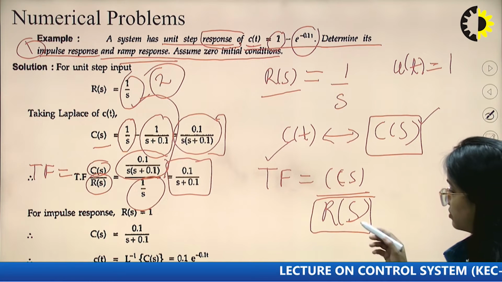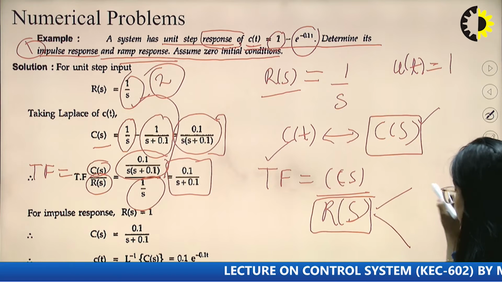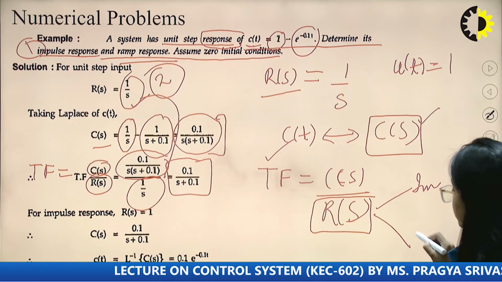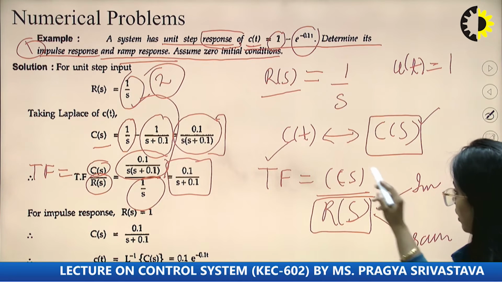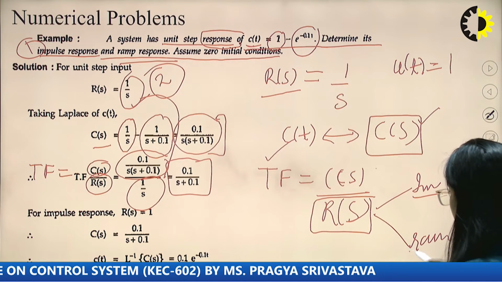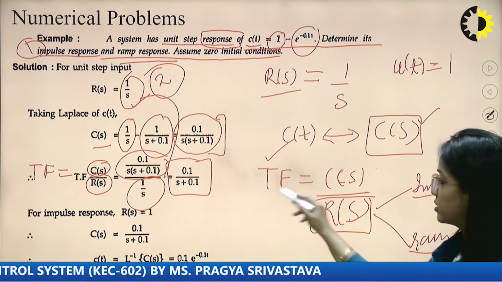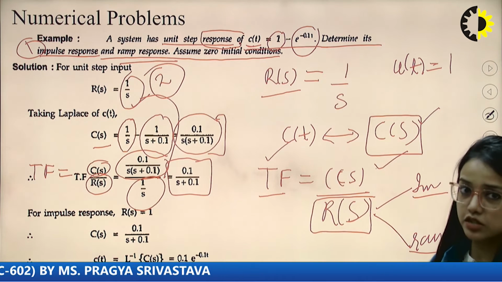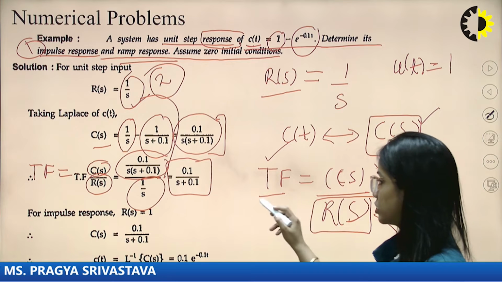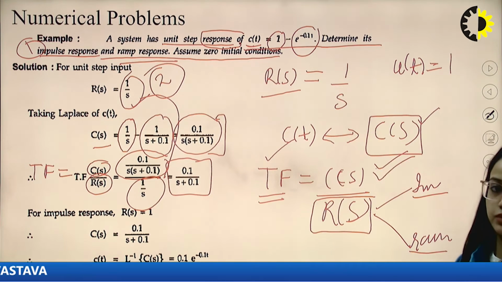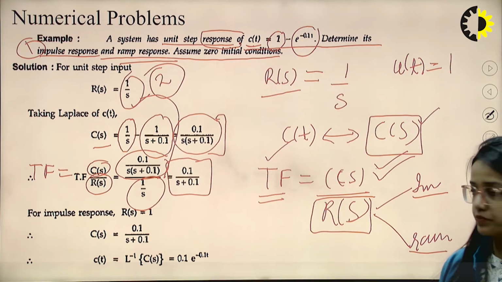So you have to find out two cases, one for impulse, another for ramp. You have to find out CS for impulse input and then CS for ramp input. Once you multiply this transfer function with impulse input, you will get the impulse response. In the second case, you multiply the transfer function with ramp input, you will get the ramp response. So these are the two things we have to do.